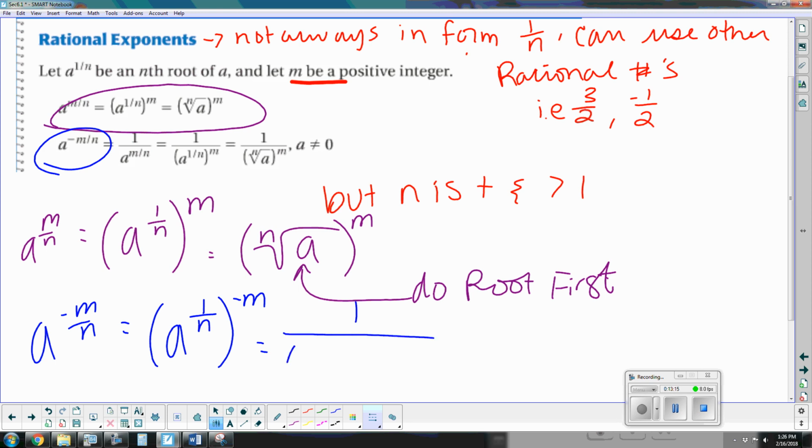That's 1 over a to the 1 over n to the m power, which is equal to 1 over the nth root of a to the m power.